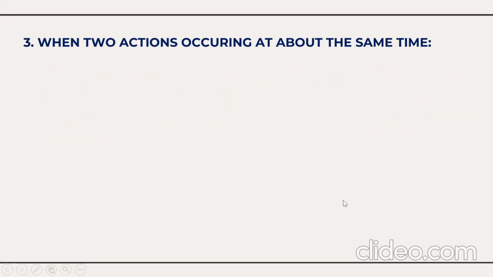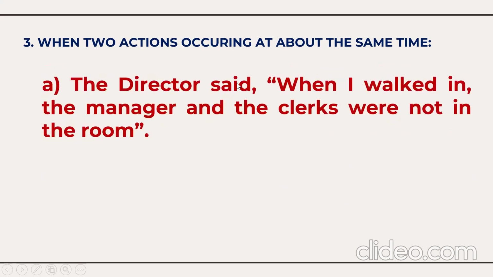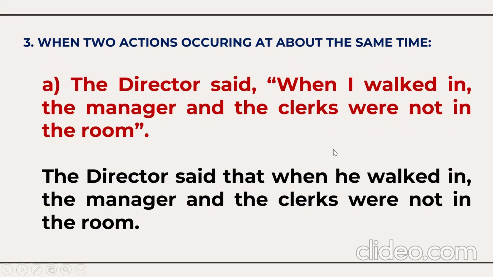Now, the third exception case, when two actions are occurring at the same time. Example, the director said, when I walked in, the manager and the clerks were not in the room. So we can't say when he had walked in. We can't use here he had walked in because the two actions happened at the same time. So it remains unchanged. Only pronouns will change.